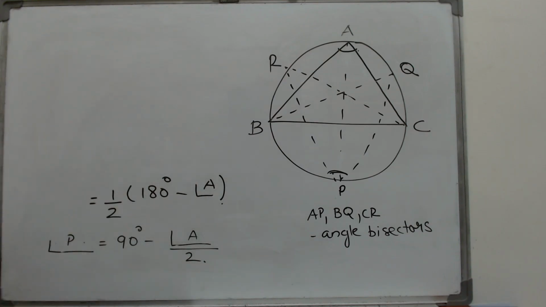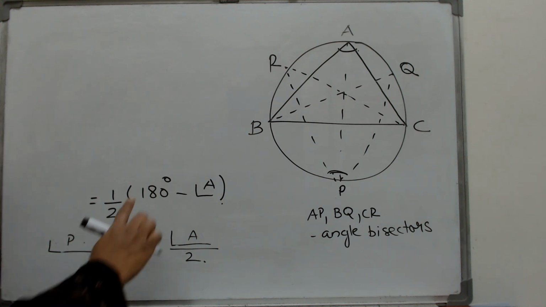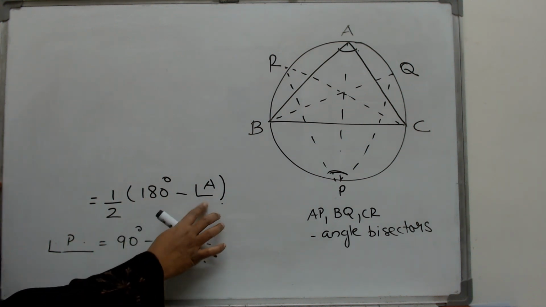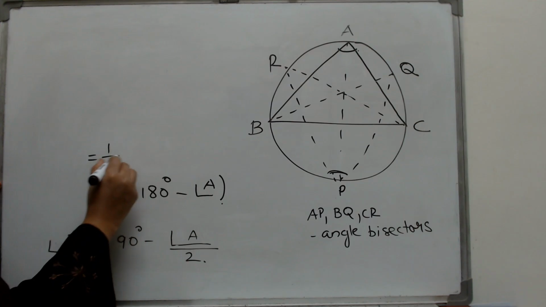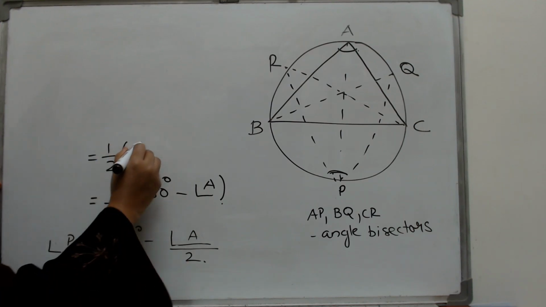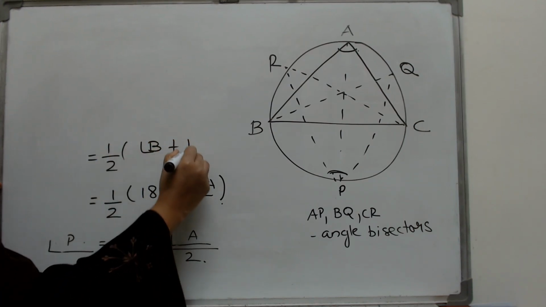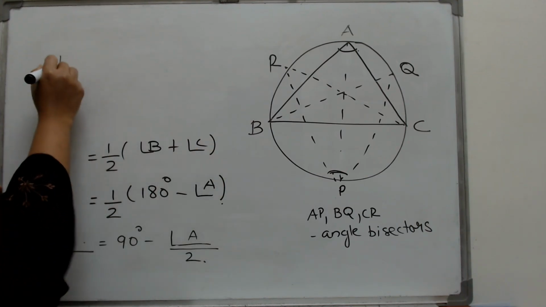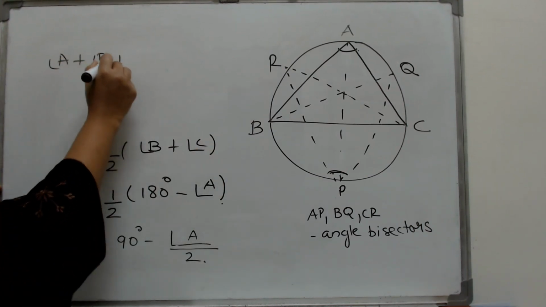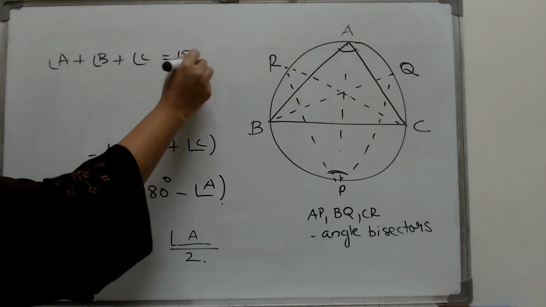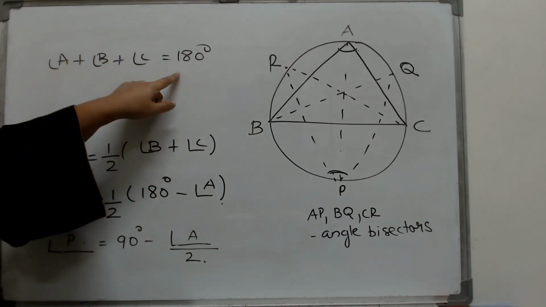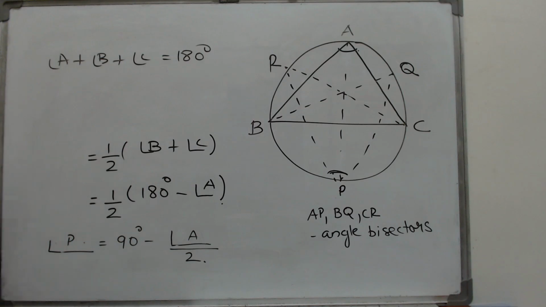ABC is a triangle. The sum of angles of a triangle is 180 degrees. So, from 180 degrees, if you subtract one of those angles, what do you get? You get angle B plus angle C, right? Why is that? Because angle A plus angle B plus angle C is going to be 180 degrees. So 180 minus angle A is going to be B plus C.